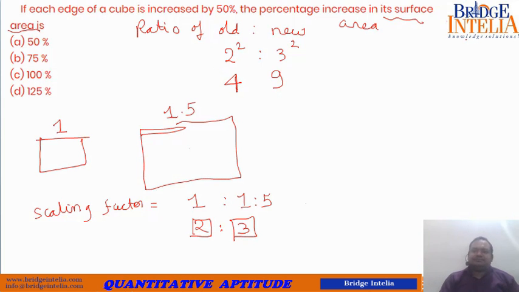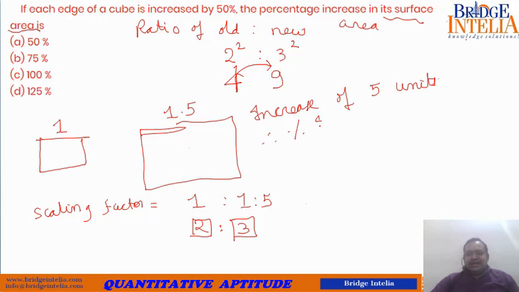So let's see. So what is the total increase? Increase of 5 can be noticed. 4 becomes 9. So increase of 5 units. Therefore, percentage increase will be 5 is what percent of 4, because change has been brought about in 4.